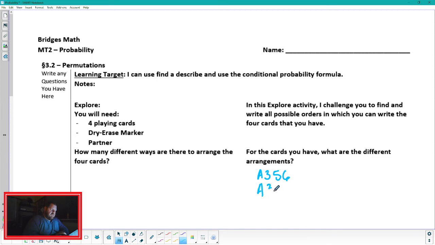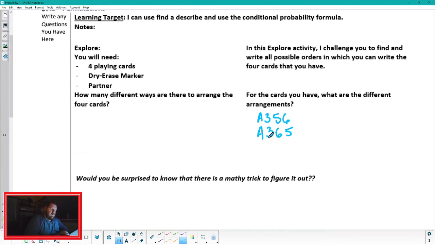As far as trying to be organized, I tried keeping everything the same for as long as I could. So I'm trying to keep an ace in the first spot and a 3 in the second spot. But right now I'm out of options for that, so I need to change up what's in the second spot. So I'm going to put a 5 there: ace, 5, 6, 3.